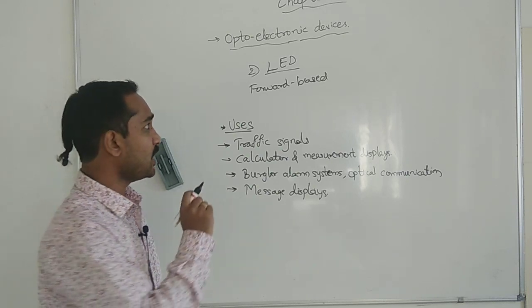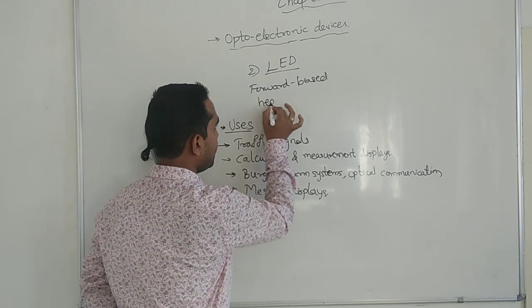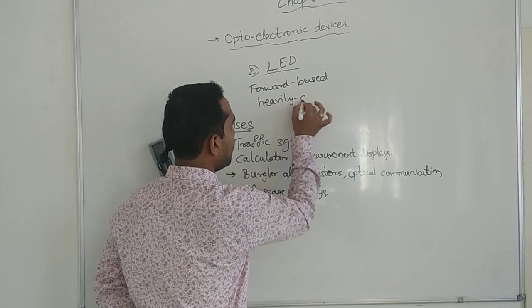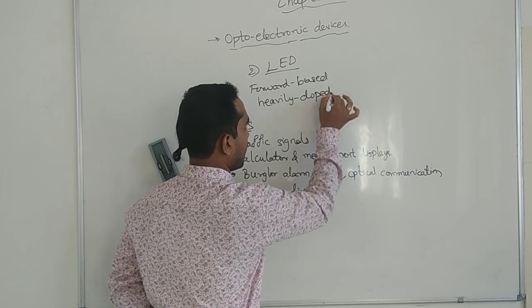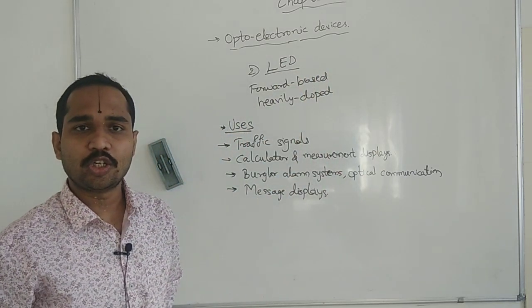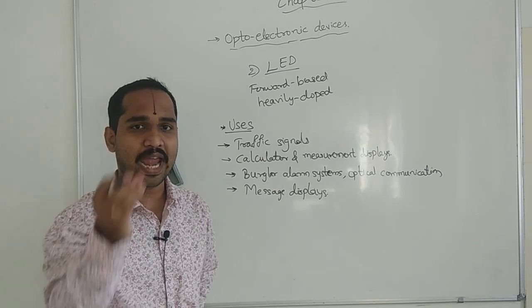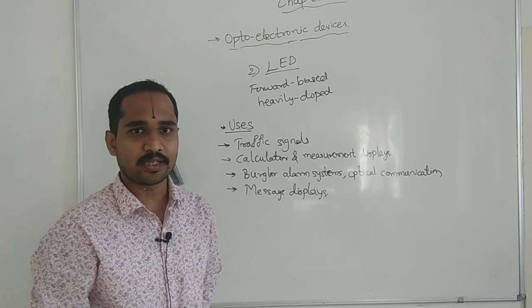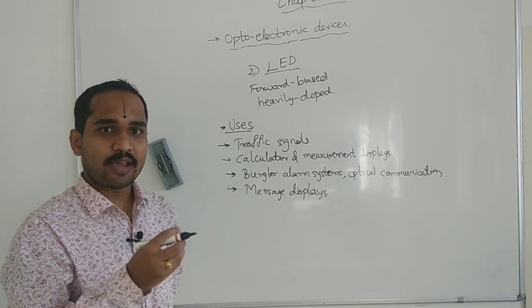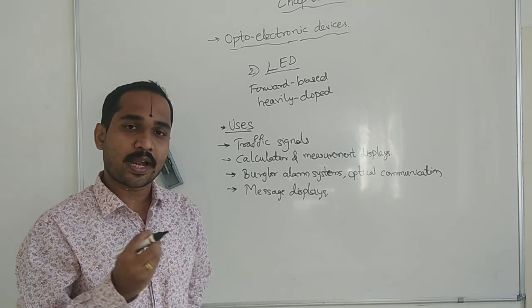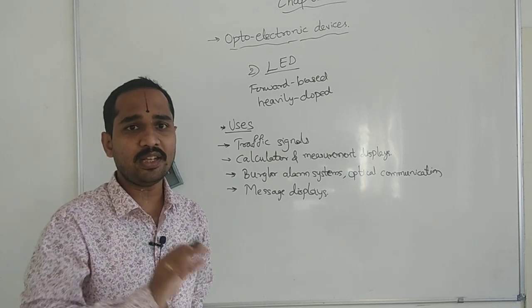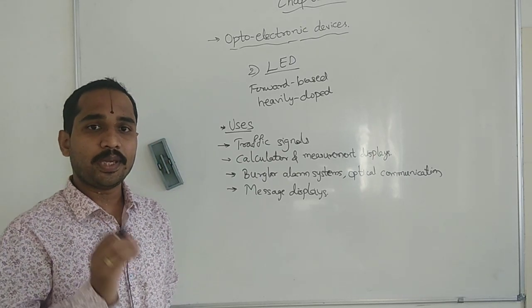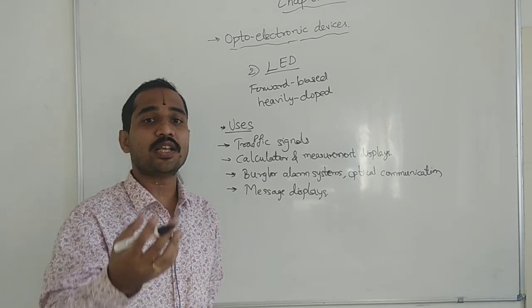Now, the special case here is that LEDs are heavily doped. Doping, you all know, is adding impurities. So trivalent and pentavalent impurities are added in high quantity. Heavy doping is done, which means there are many charge carriers.